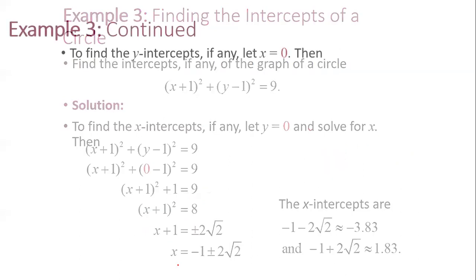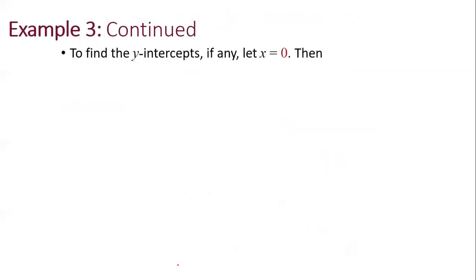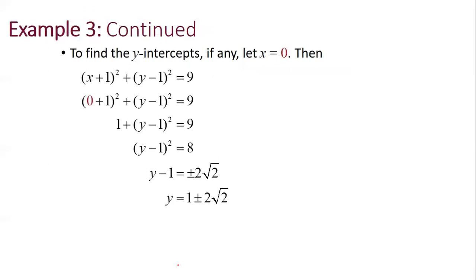All right. So to find your y-intercepts, this time we're plugging in x equals 0 and then following the same steps. When we plug in x equals 0, we end up with 0 plus 1, which is 1 squared, which is 1. We subtract 1 again, which gives us 8.